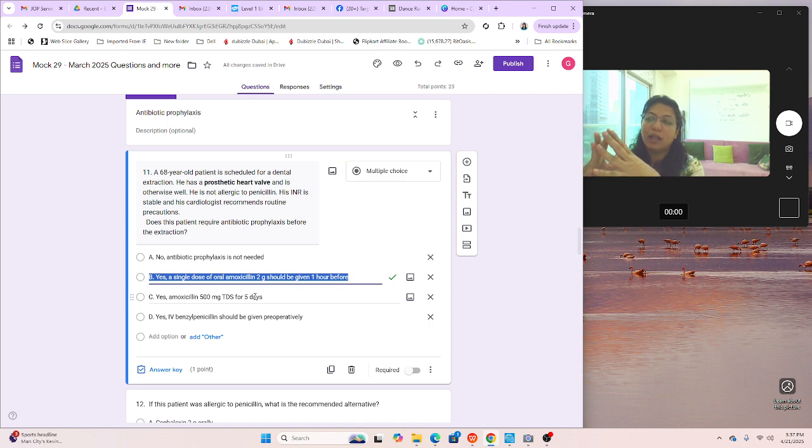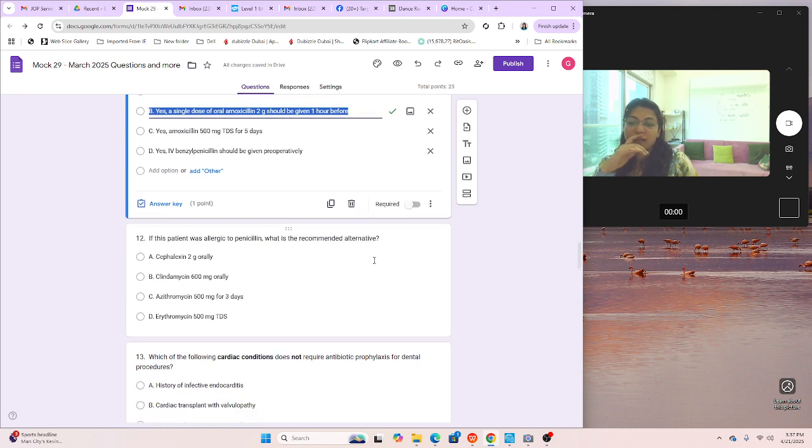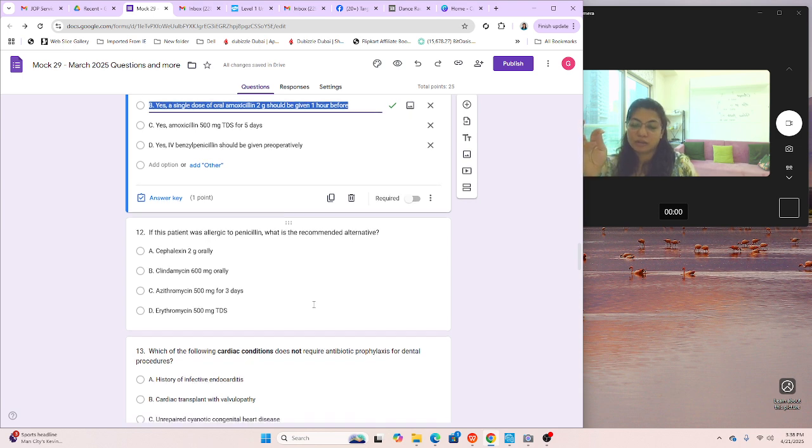It's not like you had an implant or any kind of valve 6 months ago or 2 years ago. No matter the timeline, anything related to the valve, just go for antibiotic prophylaxis. Straight as that. If this patient was allergic to penicillin, what is the recommended alternative? Clindamycin. Others are also okay, but clindamycin is the most common alternative.